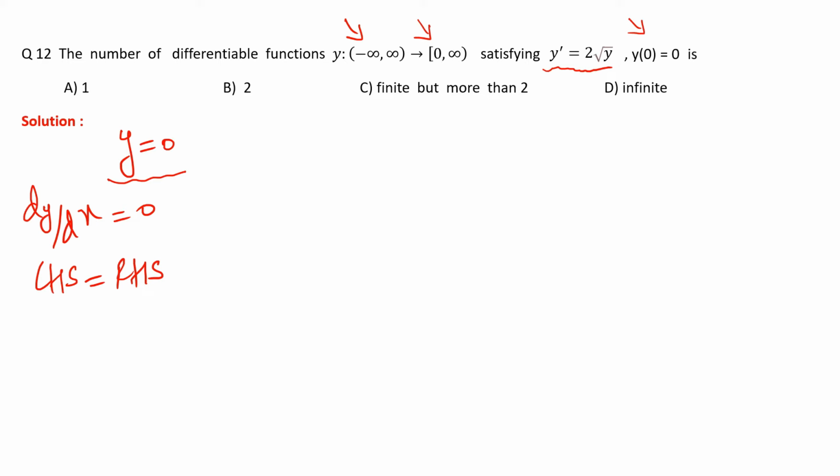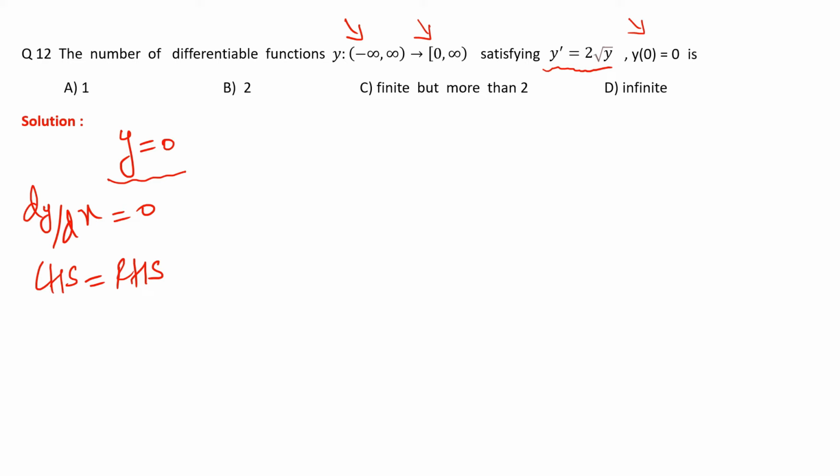That means this is one of the functions that is going to satisfy this differential equation. Secondly, its domain is capital R. It's defined for all real numbers because it is just the x-axis, and its range is obviously falling in the given category, close 0 to infinity, and its value at x equal to 0 is obviously 0.